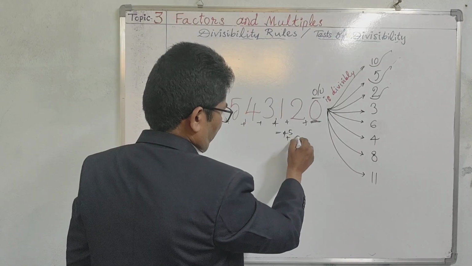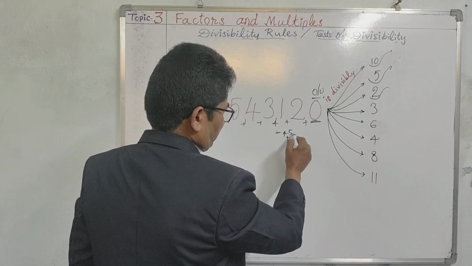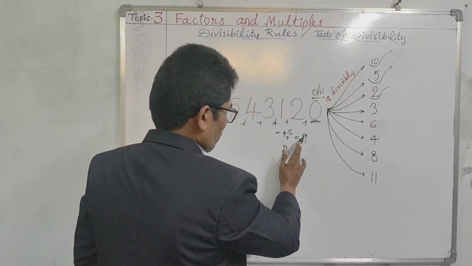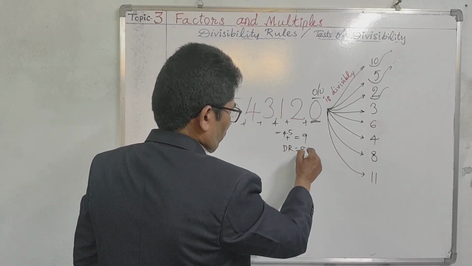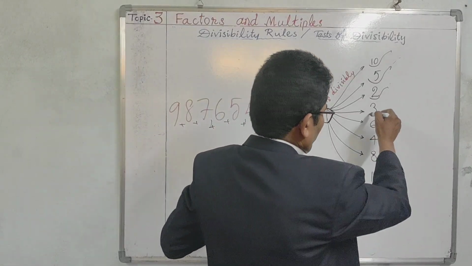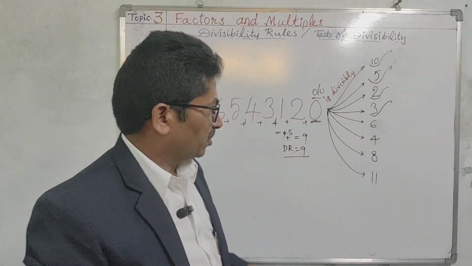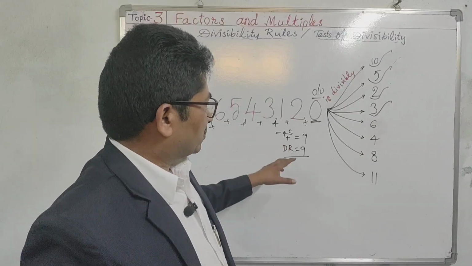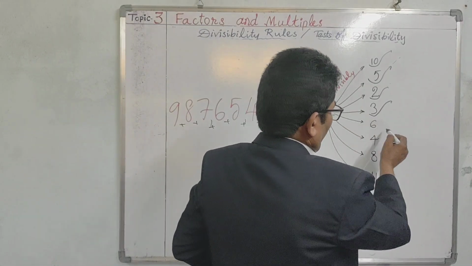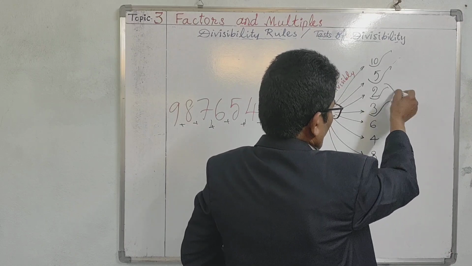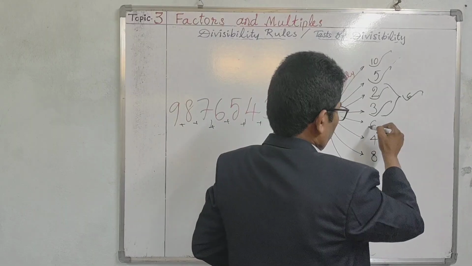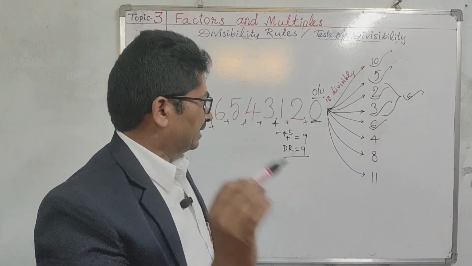So again we have to add. The sum of these digits is 9. So the digital root is 9. That's why this number is exactly divisible by 3. Next, is this divisible by 6? Yes. Why? Because if a number is divisible by 2 and 3, then the number is exactly divisible by 6. So that's why it is exactly divisible by 6.